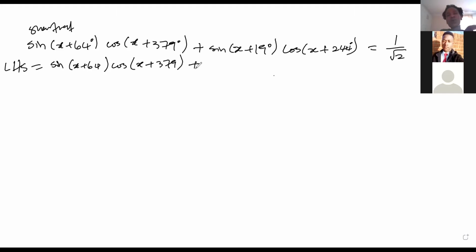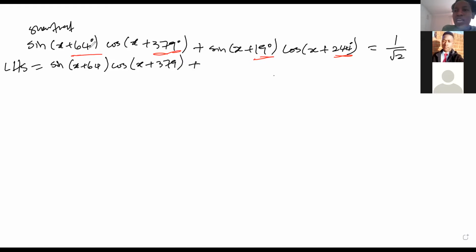plus, so I had said, if you've got angles that are not trigonometric special angles, you need to match them. If you look here, we've got 64, 379, 19, and 244. If you minus them from 360 or from 180, they must be similar.